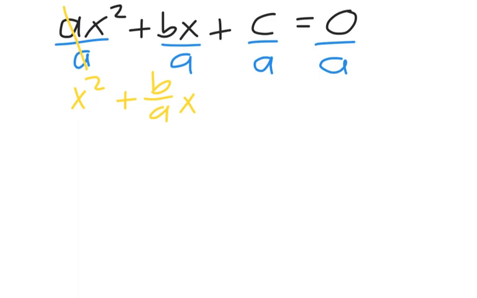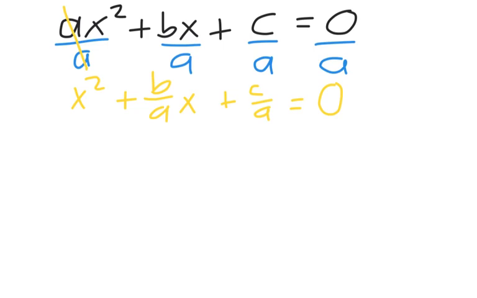If this was an 8x divided by 4, we could write that as 8 over 4, which would then simplify to be 2. We're just leaving it as 8 over 4, or B over A. And then I've got C over A. And then what's 0 divided by anything? 0. So 0 divided by A, we can leave that as 0. Okay, that one will simplify.